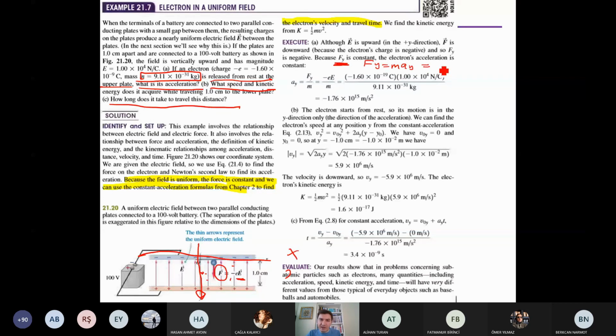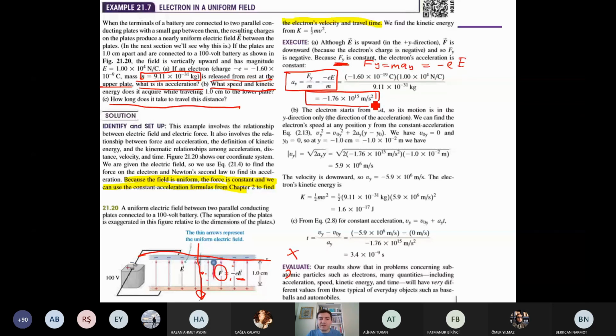This is the charge of the electron. Then I have this expression. Electric field, charge and mass of the electron are given in the question. Then I can calculate the acceleration of the electron. Okay, it is given with minus 1.76 times 10 to the 15 meter per square second. This is the acceleration of the electron.